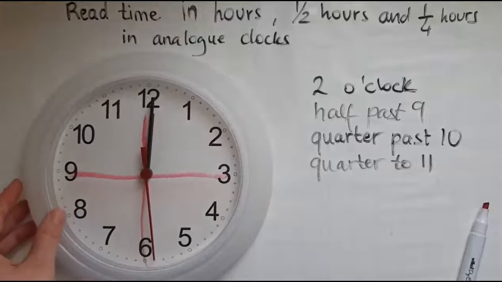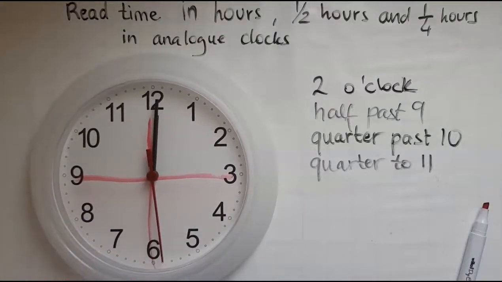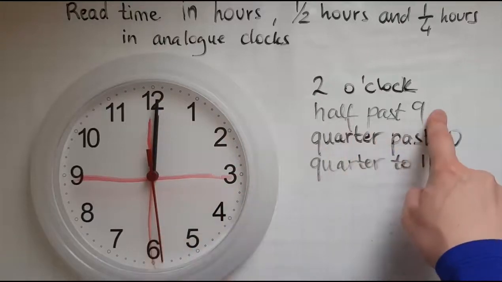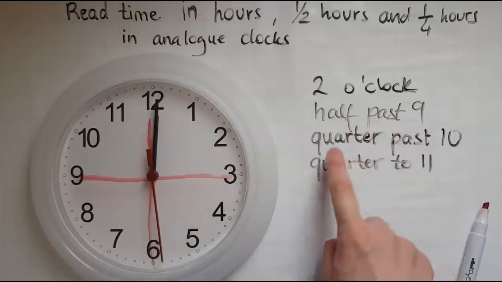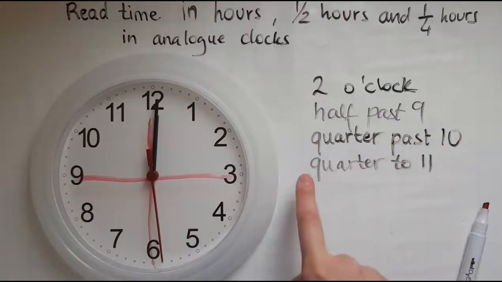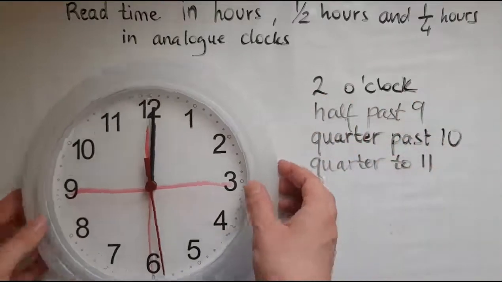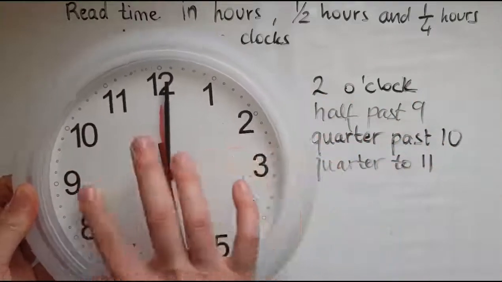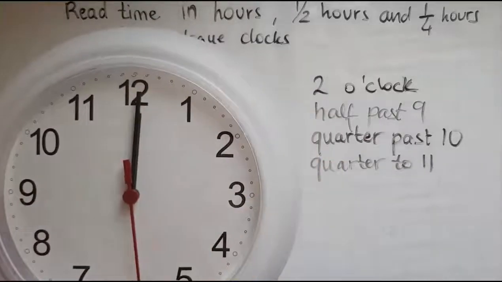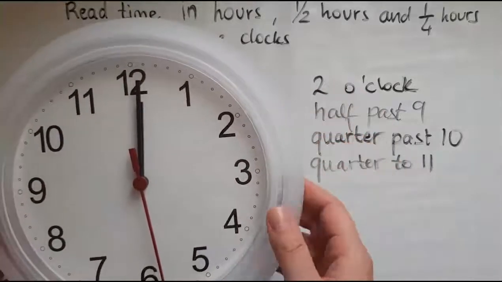So we've looked at hours, 2 o'clock. We looked at half hours, so when the minutes hand is on 6. So we had 9:30 and 10:15 and 11:15. A final bit that I'm going to do is show these once more on the clock. So 2 o'clock.